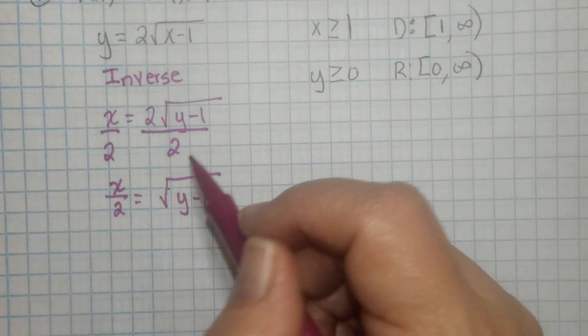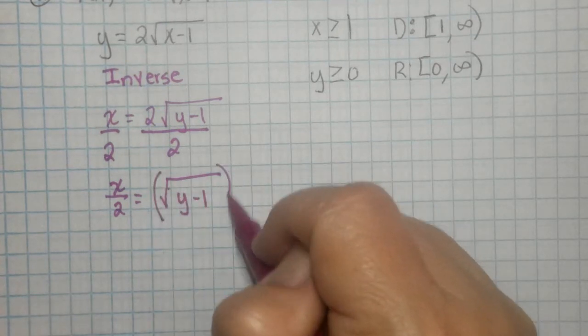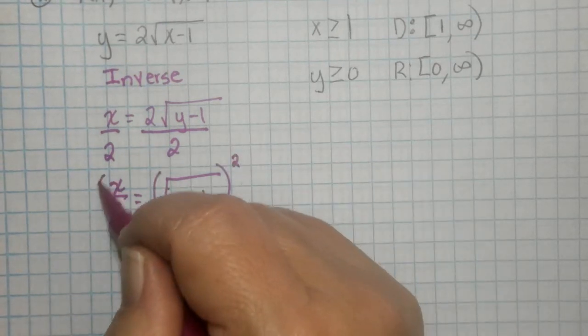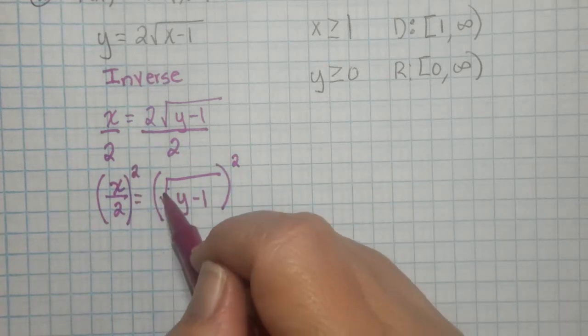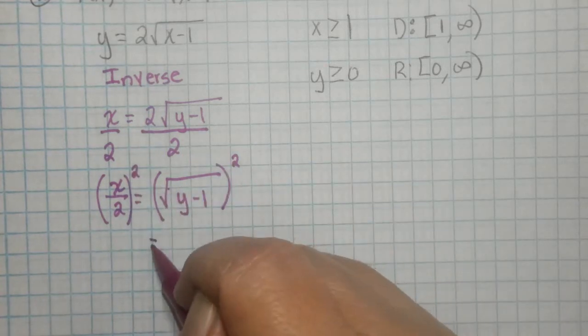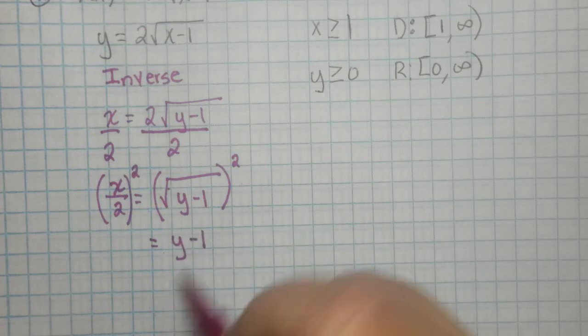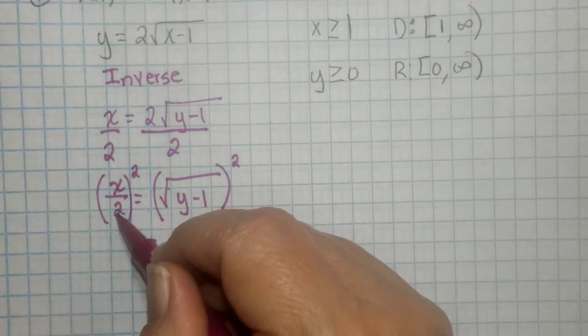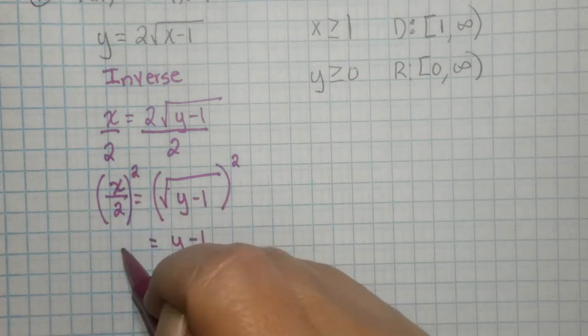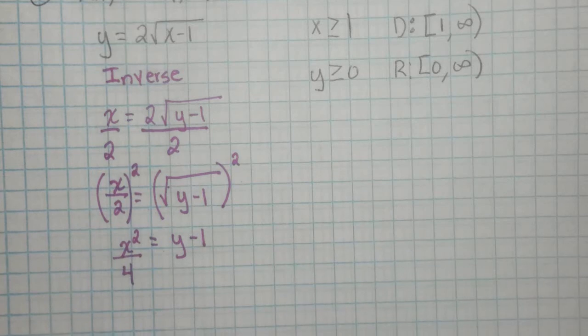I want to undo a square root, so I'll square both sides. Square root and squaring undo each other, so this will just be y minus 1. If I do x divided by 2 squared, x times x is x squared, and 2 times 2 is 4.